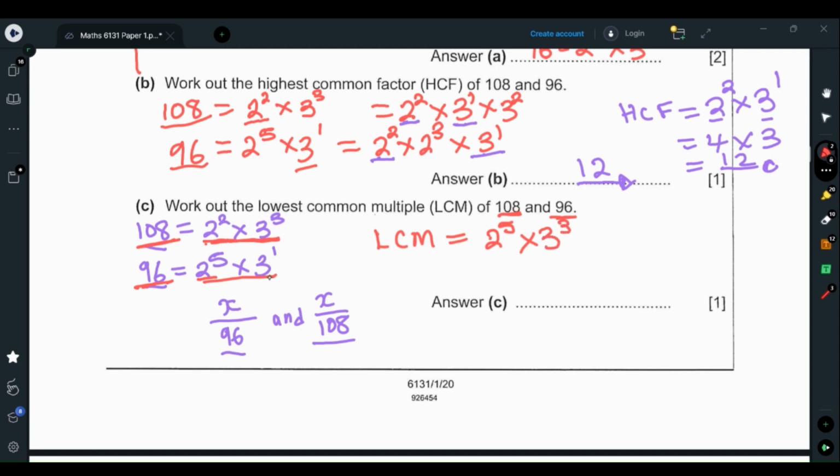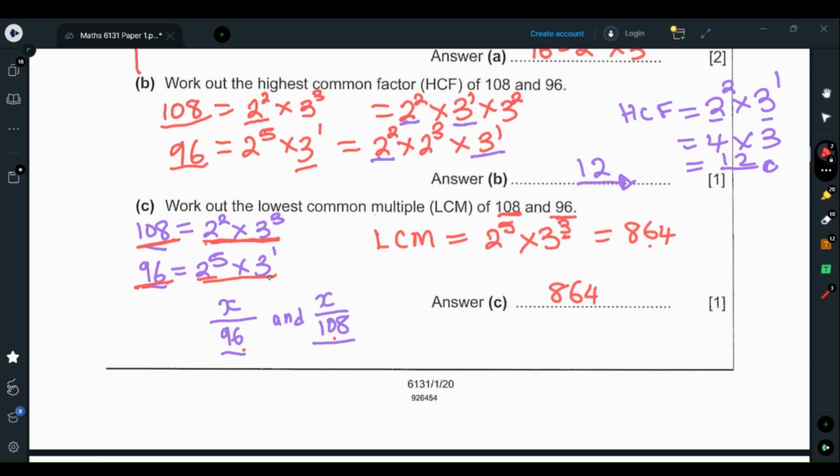We'll take the highest power. So 2 to the power 5 times 3 to the power 3 will give me 864. And surely enough, 864 is divisible by 108 and 96. 864. Cool.